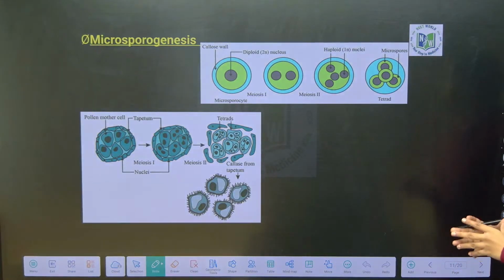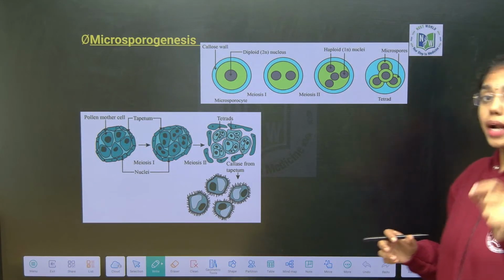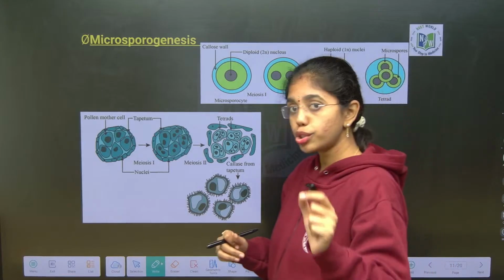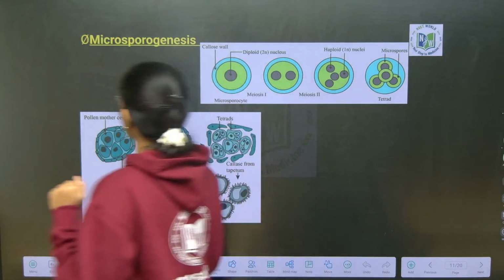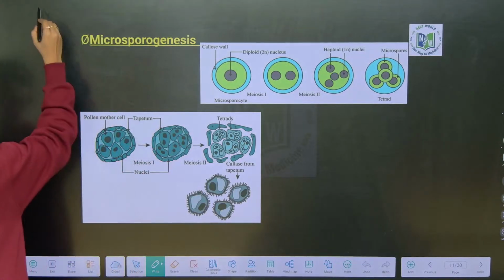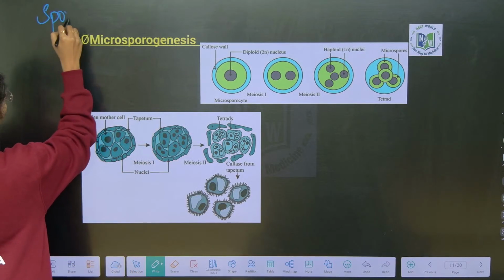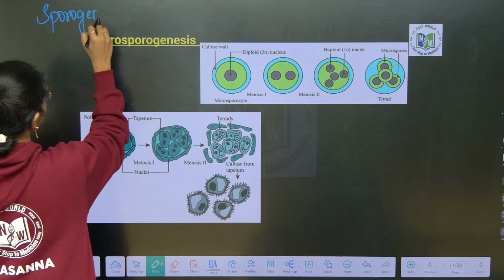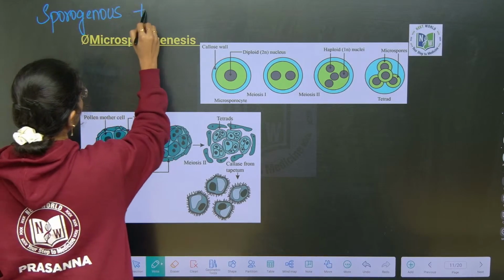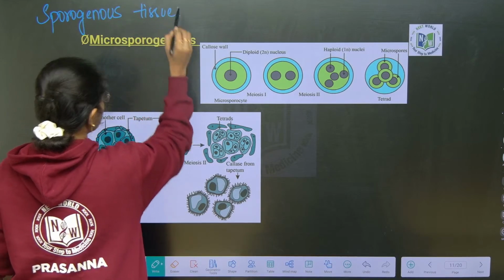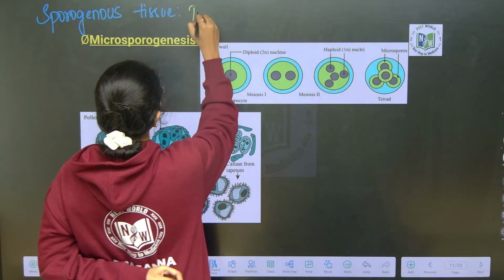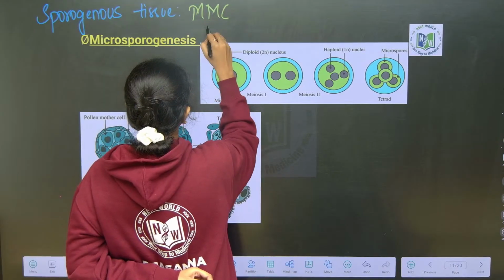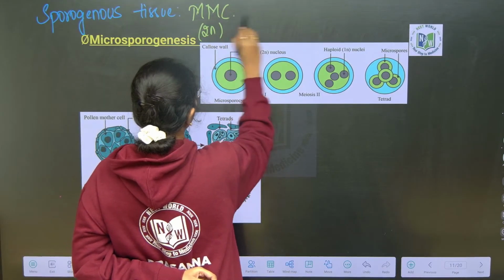Okay, and then here we go with microsporogenesis. At the center of each sporogenous tissue, you have microspore mother cells. Microspore mother cells are diploid.